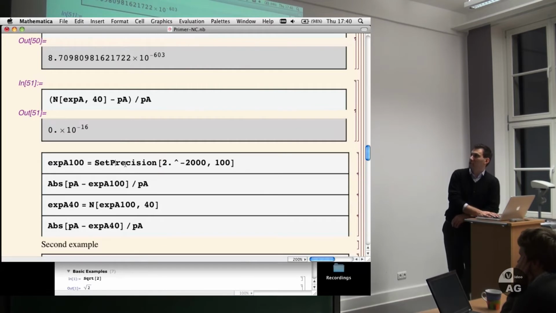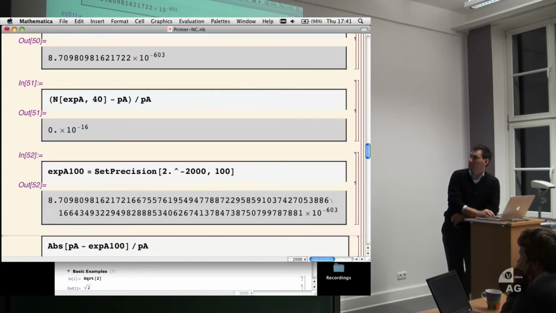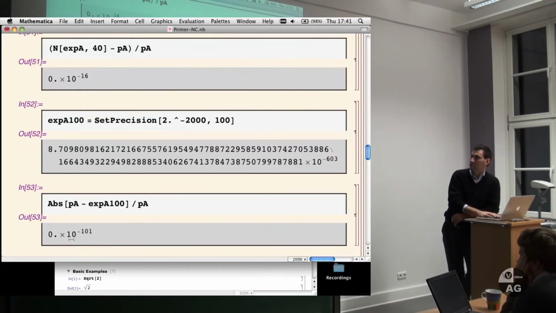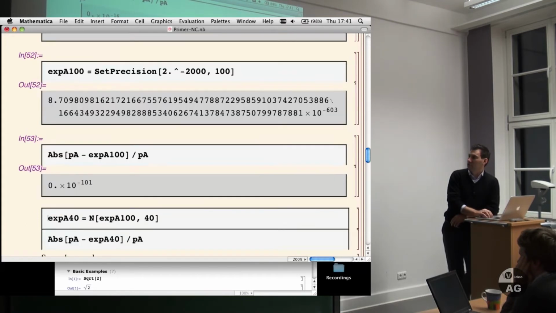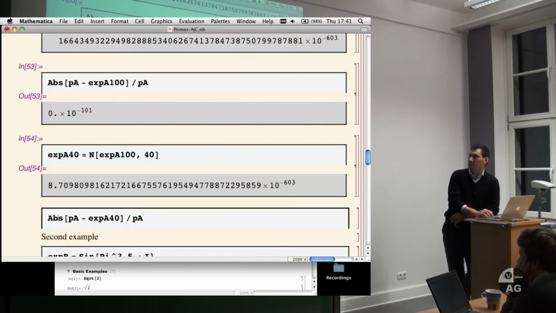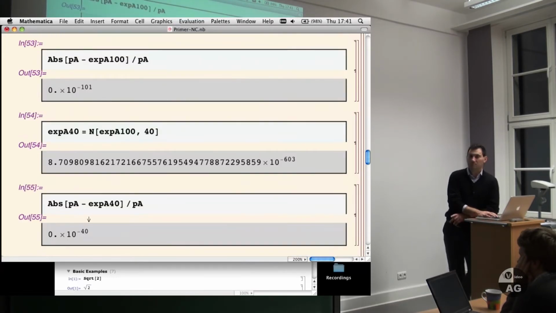Instead of n, you should use SetPrecision. Now SetPrecision will perform this operation here with 100 digits of accuracy because I tell it to use 100. Now I do my thing and look at that, I get exactly 100 digits of accuracy. So of course now I can extract 40 of them, no problem.